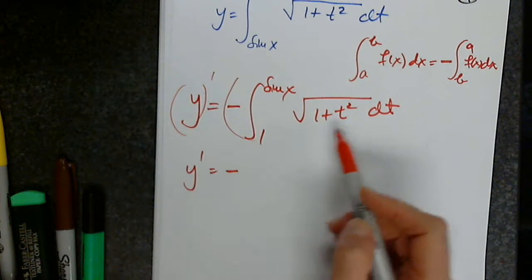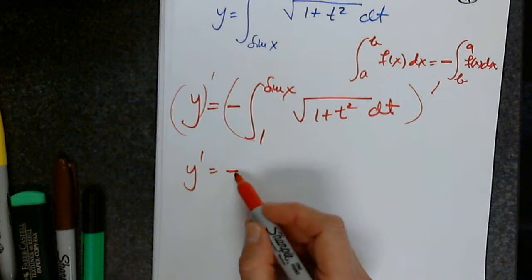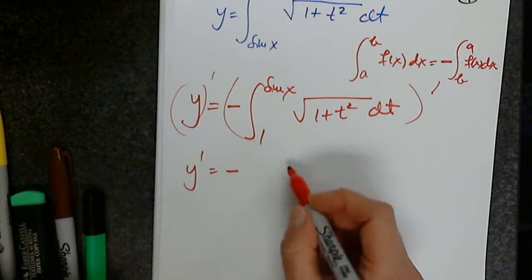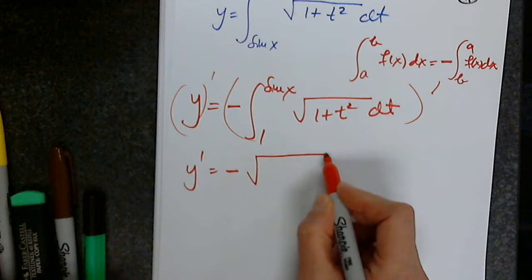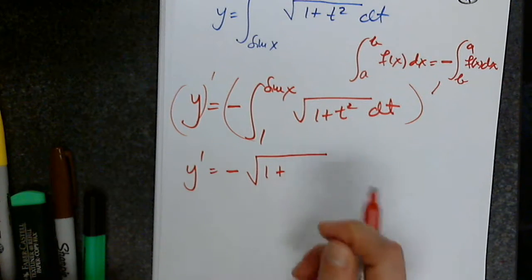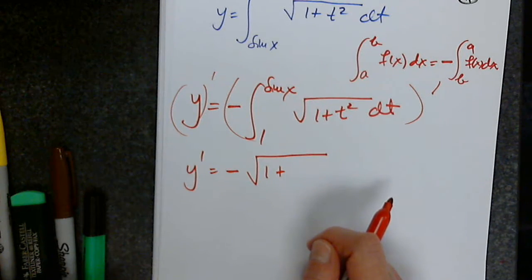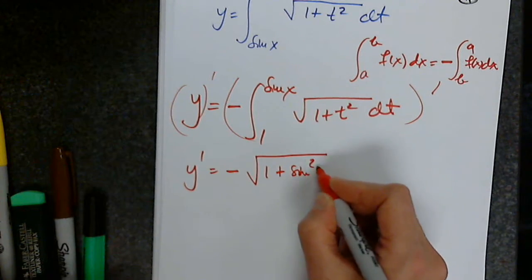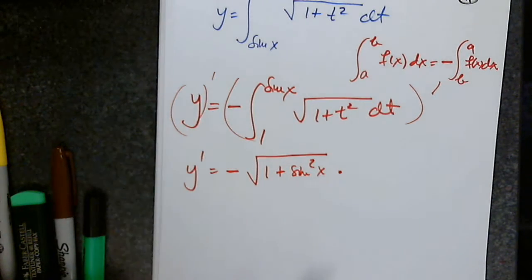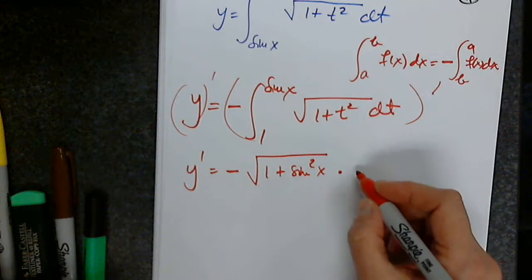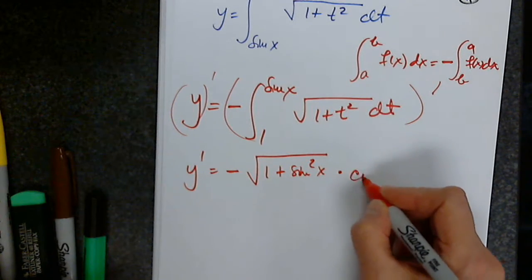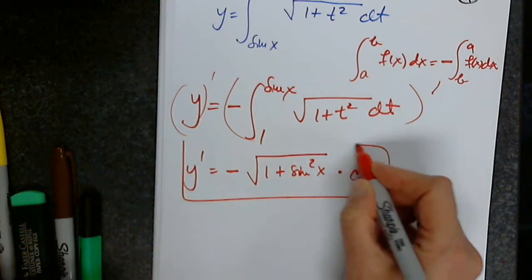I differentiate this side, I differentiate this side. So the minus is outside. What do I get? 1 over the square root of 1 plus sine squared, very good, times the inner function prime. This is it.